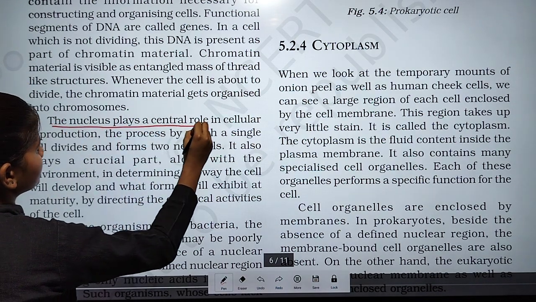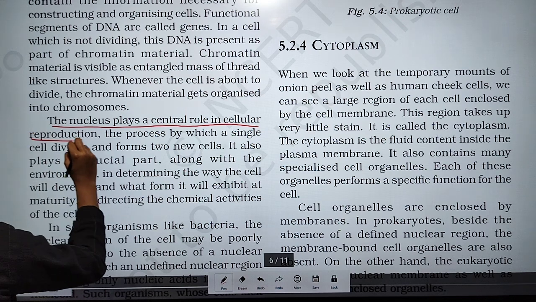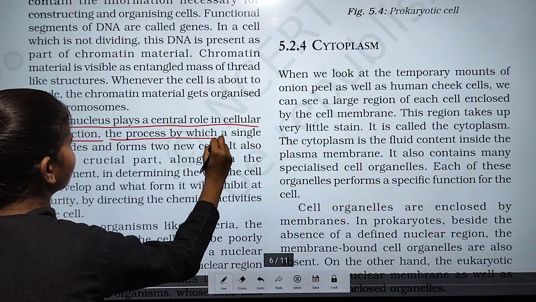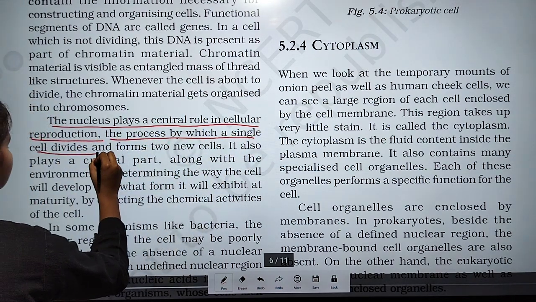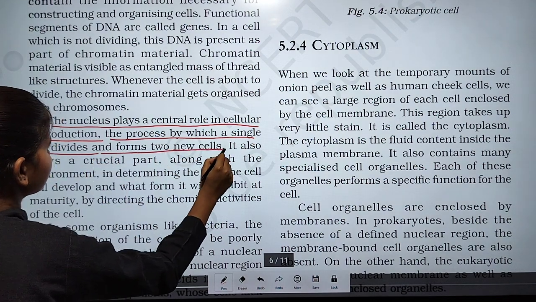The nucleus plays a central role in cellular reproduction, the process by which a single cell divides and forms two new cells.